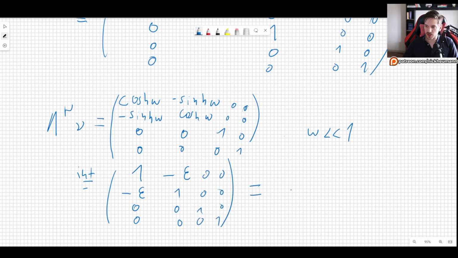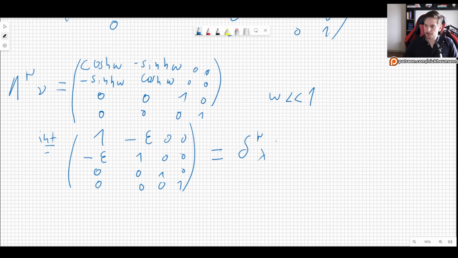So this we can write as our delta mu lambda, just like before. And then we have plus this other matrix here, which is 0 minus epsilon 0, 0, 0, 0, 0, 0, 0. A bunch of zeros.